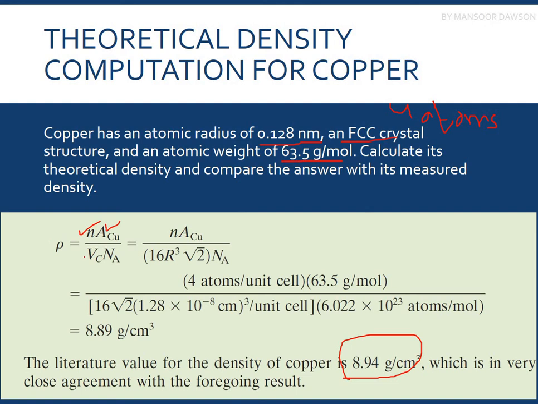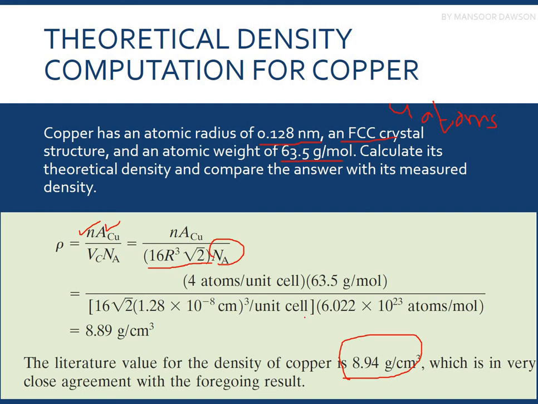Vc is the volume of the copper crystal structure cell. Since we know that it's an FCC, we'll be using this formula, that is 16 root 2 R cubed, which we did in question 1. And R we have over here is 0.128 nanometers, and Na is the Avogadro's number.